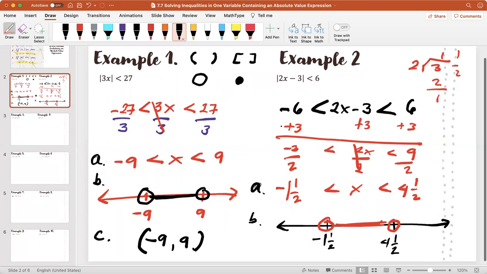The interval notation is simply negative 1 and 1 half to 4 and 1 half, open parenthesis, close parenthesis. Why did we use parentheses? We use parentheses because it's open and there's no equal sign here. We only use brackets for closed, for inequalities that have equal.